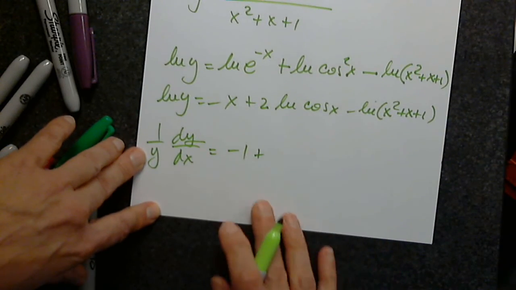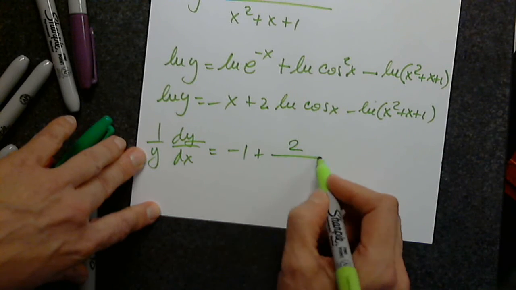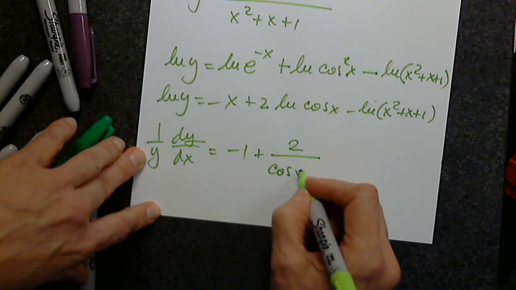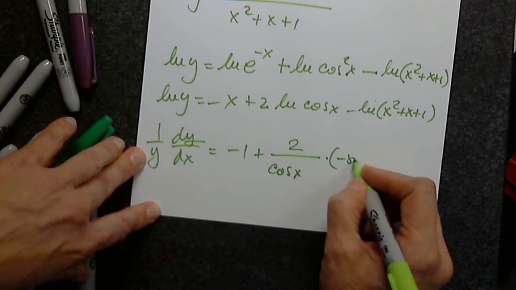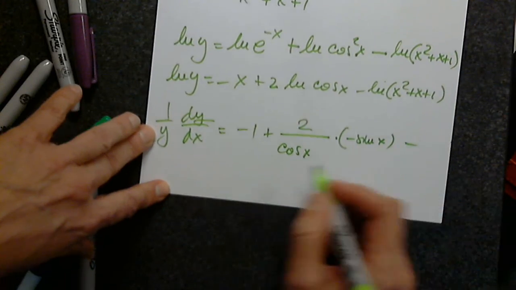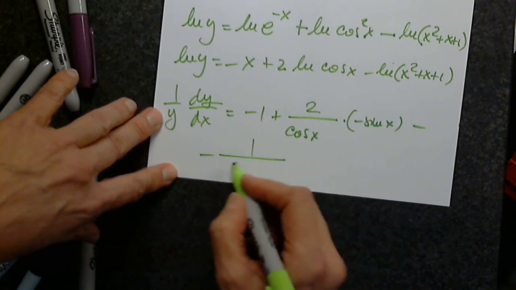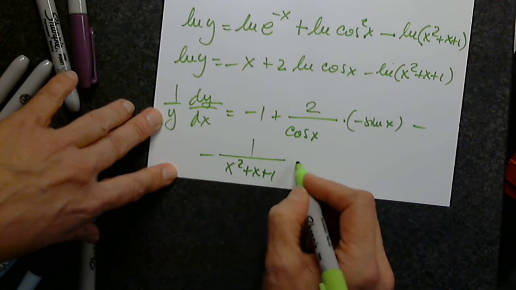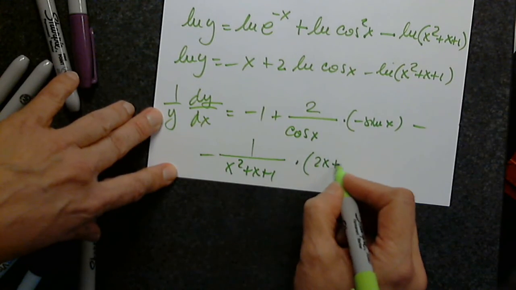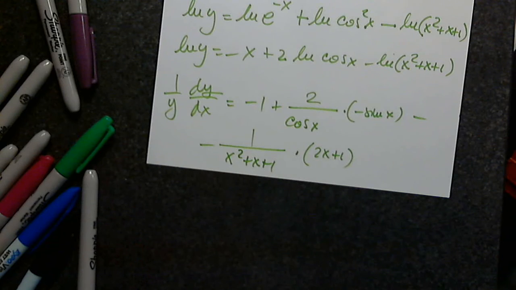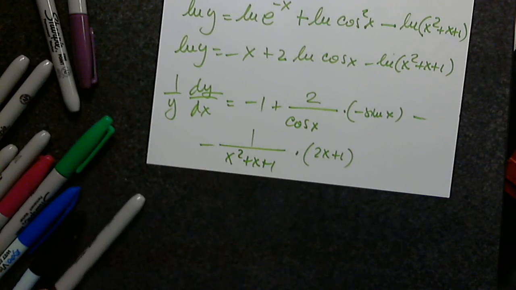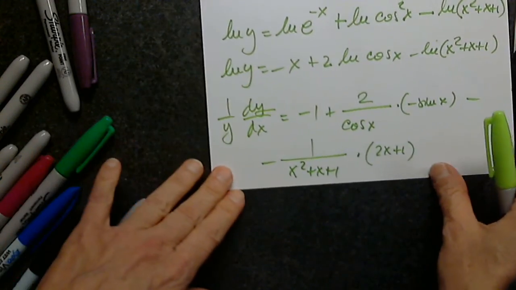So it's plus 2 over cosine x times negative sine x, minus 1 over x squared plus x plus 1 times 2x plus 1. And yes, you can't do anything to it. But I would have to solve for dy over dx and multiply by y.